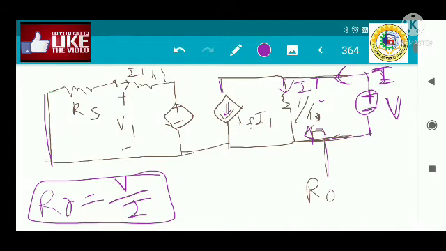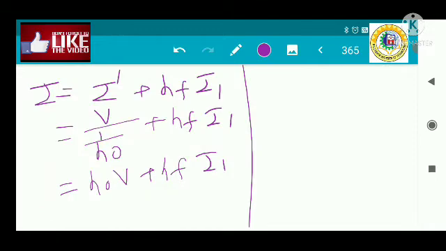So there is a loop like this. If we make a KVL in this loop, this is Hr V2. Now V2 is the output voltage, so here the output voltage is V, so we can consider it as Hr V. So this is your Hr V. So I am just writing down the KVL.